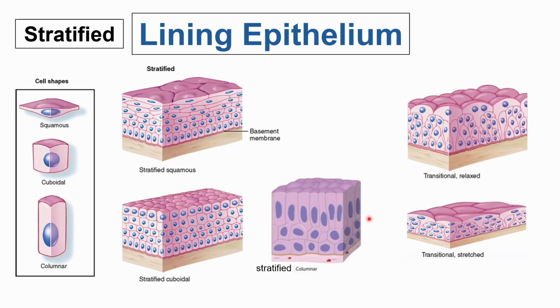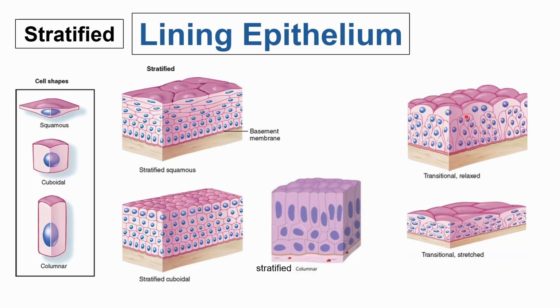Okay, stratified epithelium, sorry. And then we have your transitional epithelium. Actually, transitional epithelium is basically a stratified epithelium, but we run into some problems here because the topmost layer changes its shape depending on the shape of the organ.